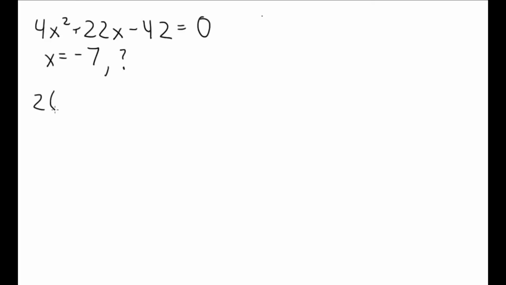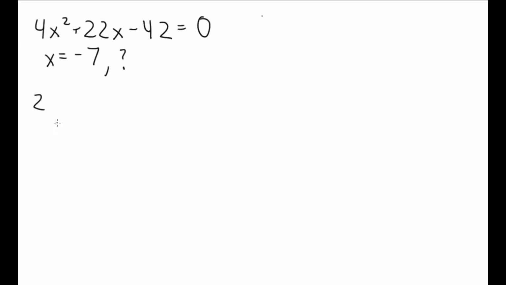Okay, one last quadratic example. So there's our equation, and we're going to be given one root of -7. So what is the other root? Now in this case, it might actually be faster using polynomial long division than factoring this, because this looks like kind of a hard factoring problem, right? Well, the first thing we want to do is actually factor something out of this equation. You can see that all the coefficients can be divided by 2.